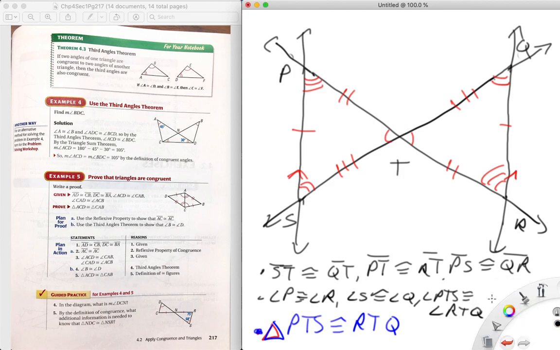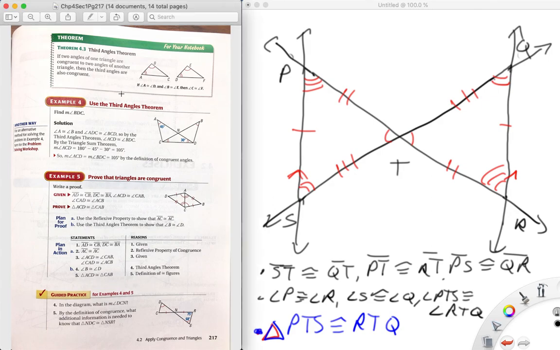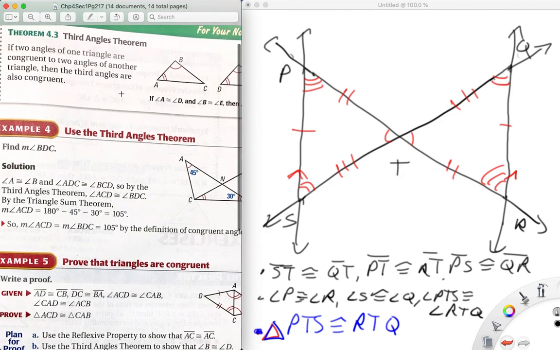Alright, third angles theorem. What the third angles theorem says is that if two angles of one triangle are congruent to two angles of another triangle, then the third angles are also congruent.